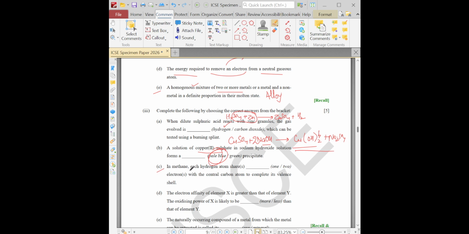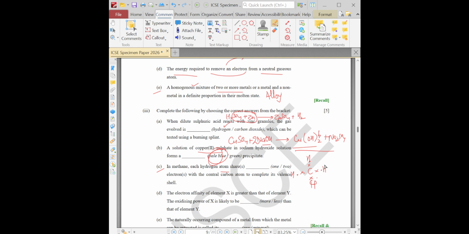In methane, each hydrogen atom shares. So this is carbon, electron dot structure, and you have got hydrogen. Now what is happening? Methane is going to share.